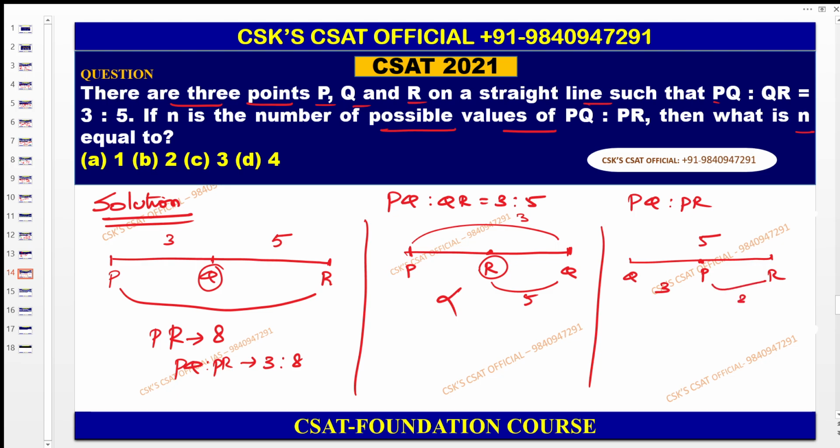Then we can find out PR as 2. So therefore PQ to PR is 3:2. So 2 possibilities are there. The value of n is 2. At least have the idea about internal division and external division. Shall we move on to the next one?